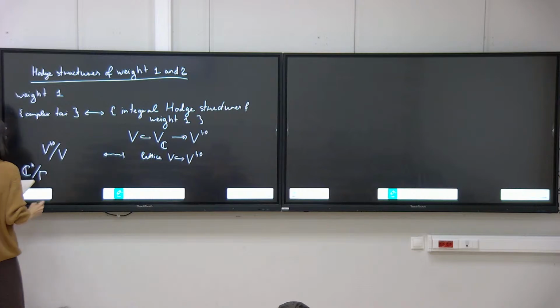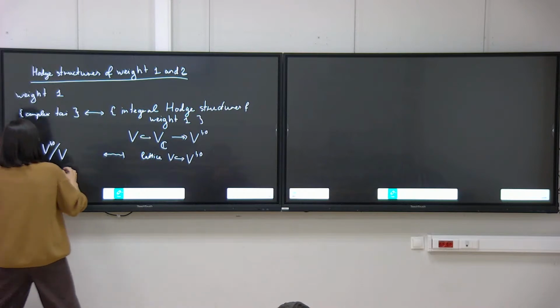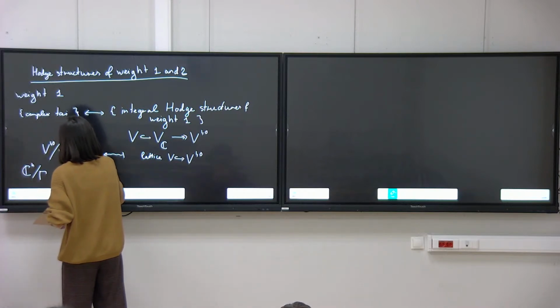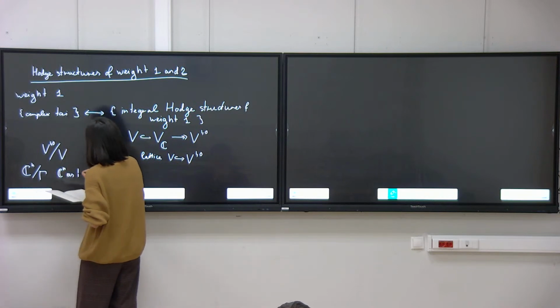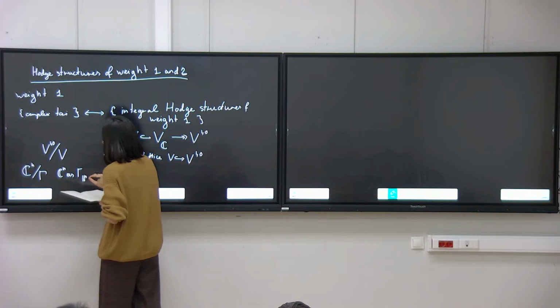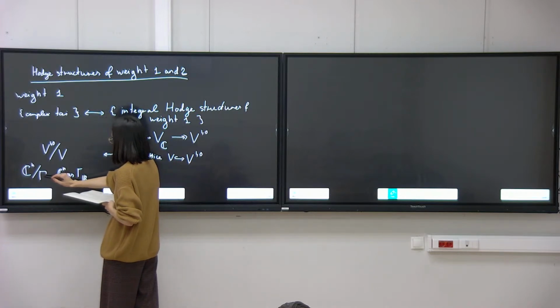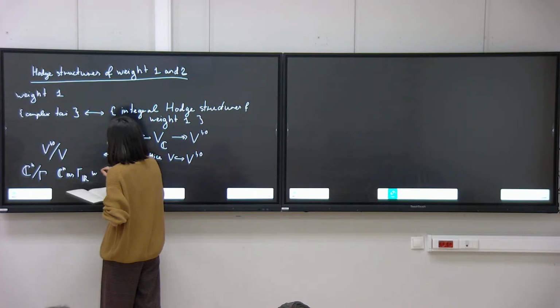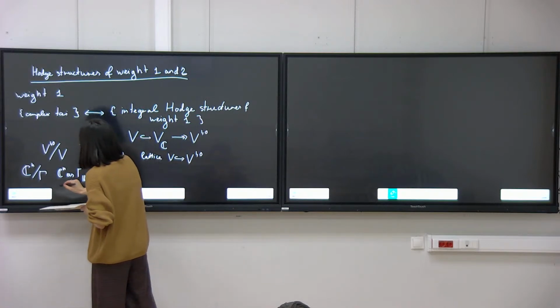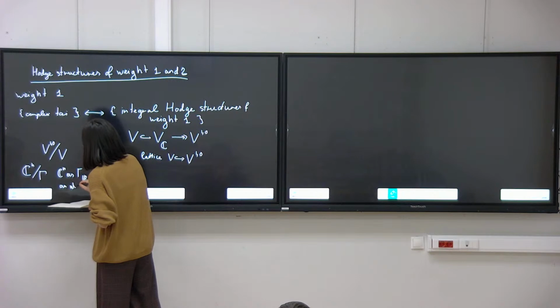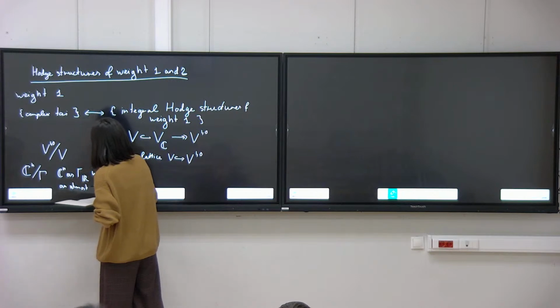And vice versa, suppose we have a complex torus C^n, and there is a lattice inside it. Then we can consider C^n as a real vector space, an extension of the lattice with an almost complex structure.